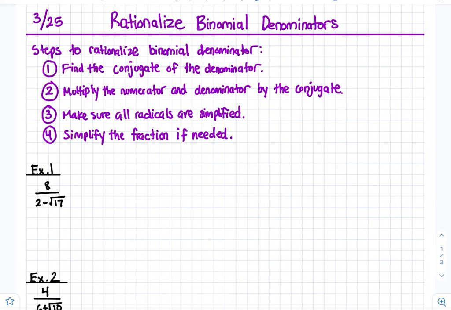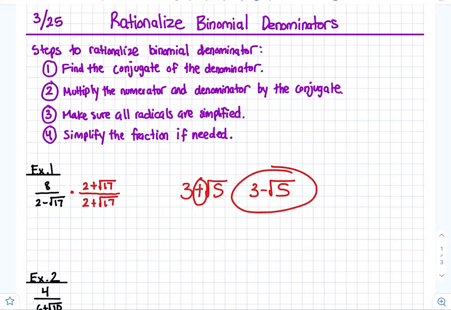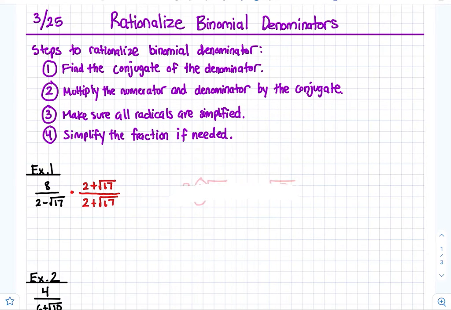So what we have to do is multiply by 2 plus the square root of 17 on top and bottom, because 2 plus the square root of 17 is the conjugate of that denominator. If we have 3 plus square root of 5 and had to find the conjugate, it would be 3 minus square root of 5. The opposite sign, and you keep everything else.